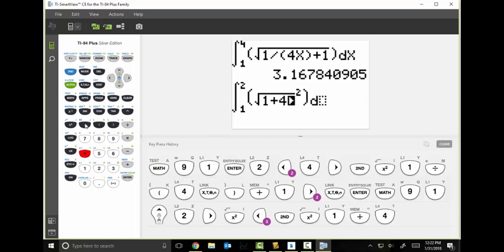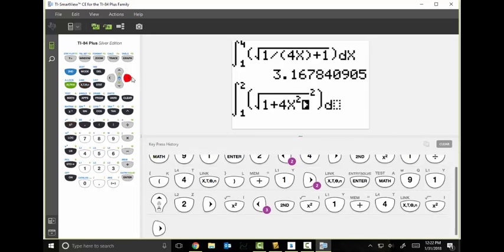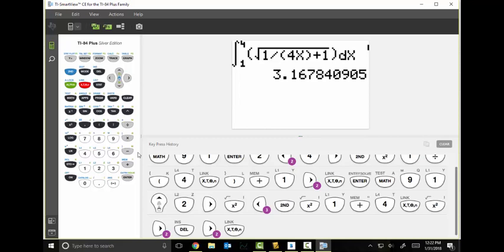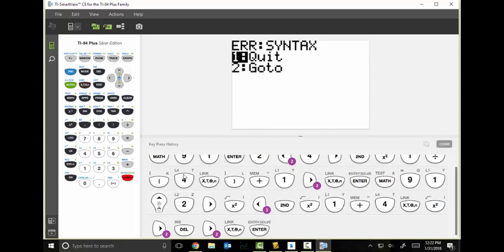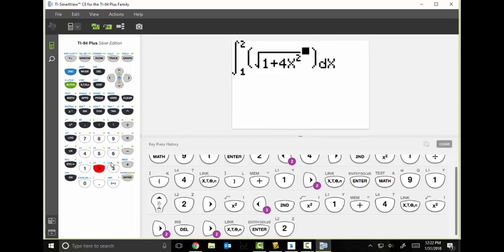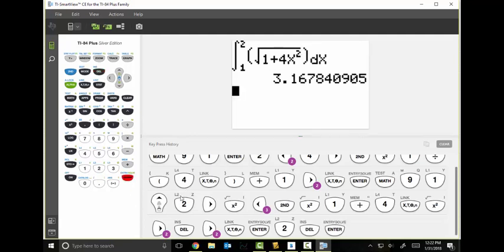Hopefully you can see that it makes no difference as far as 4x squared, right? And get rid of that darn 2. And then we'll slap a dx in here, and we'll hit enter. Okay, now hit enter. Look at that, I get the same answer, just like I knew that I would.